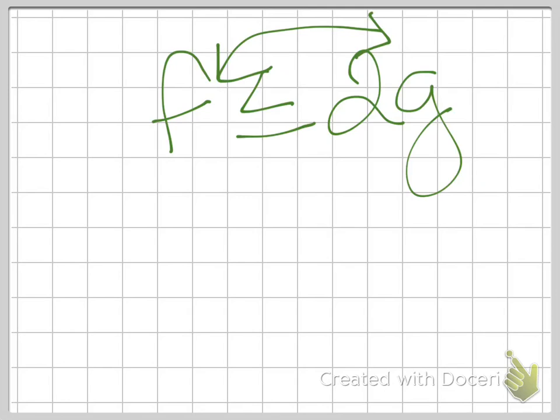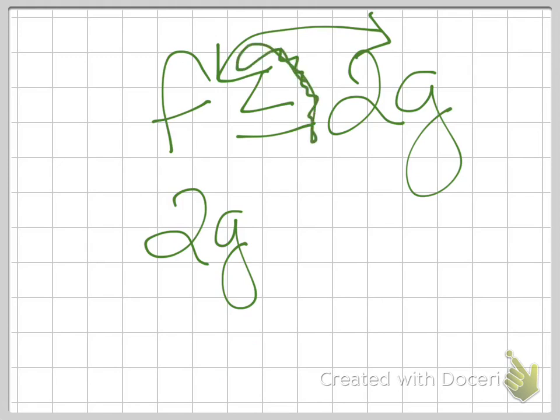When you flip an inequality, you have to make sure that whatever part of the sign is pointing at the 2G is still pointing at the 2G when you get done. Like that. Does everybody have that? Because it is a tricky thing to flip an inequality. You got to be very careful with that sign.